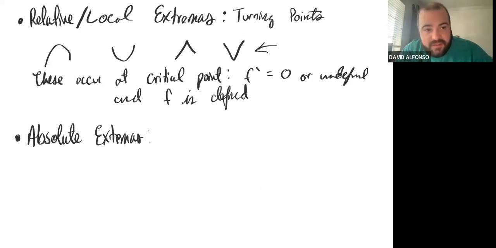This is when you look at the function as a whole, and you look at which is the highest value of y or lowest value of y. So the absolute extrema is, as a whole, where do you find the highest or lowest values of y?